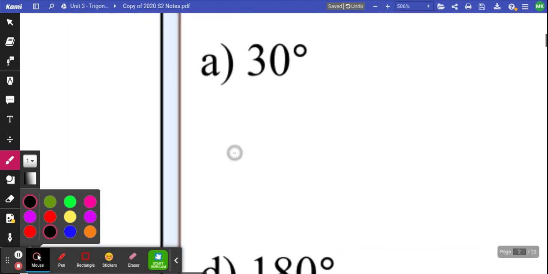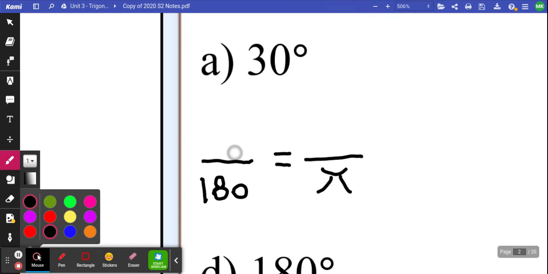On the top of your fraction, whatever you're looking for, you call x. I'm looking for radians, so that goes on the radian side. I know my degrees, so that goes on the degree side. I have 30 degrees over 180 degrees equals x over pi.